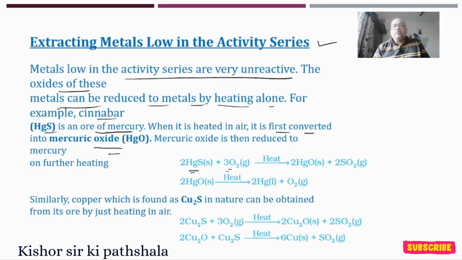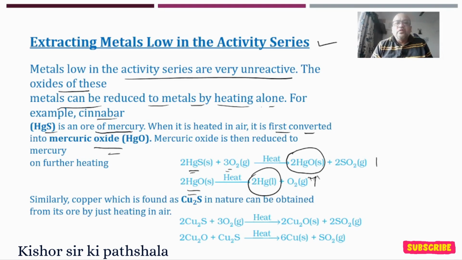Once we react with oxygen, we get the corresponding oxide, that is mercuric oxide, and sulfur dioxide gas is given out. Now, once we get this oxide, we need to reduce it, which means we need to remove the oxygen. If you heat it further, we get mercury and oxygen gas.